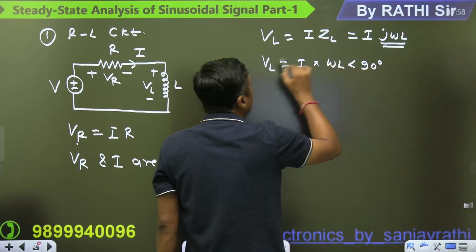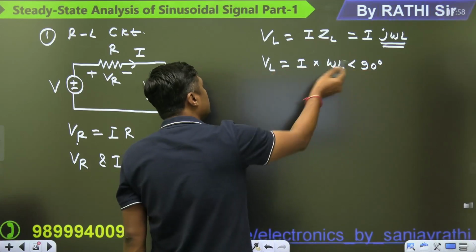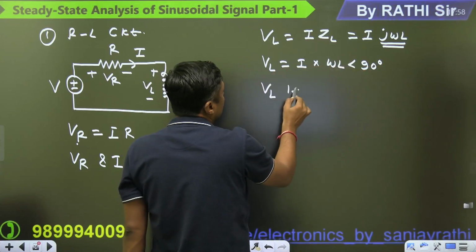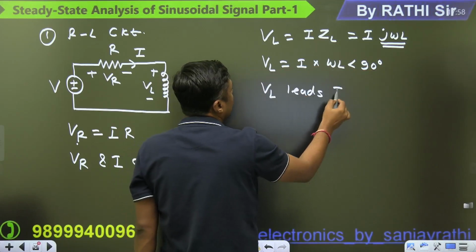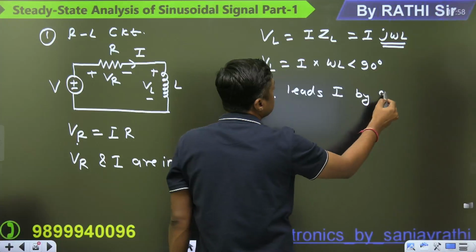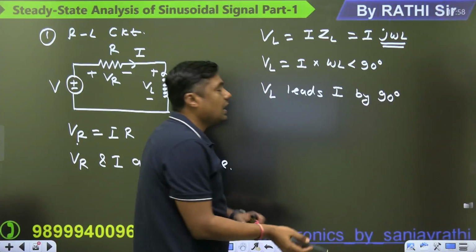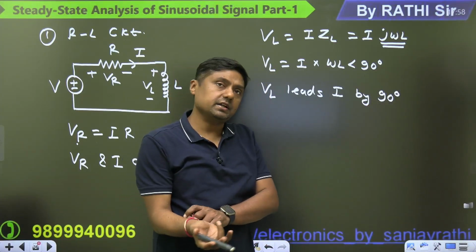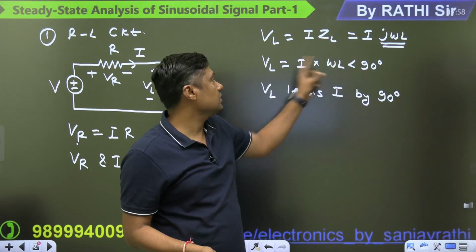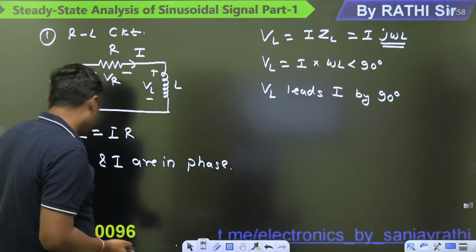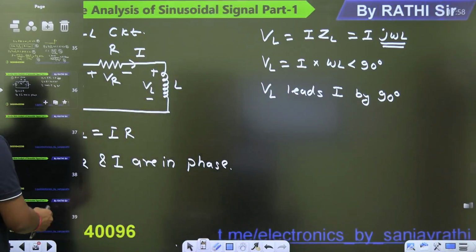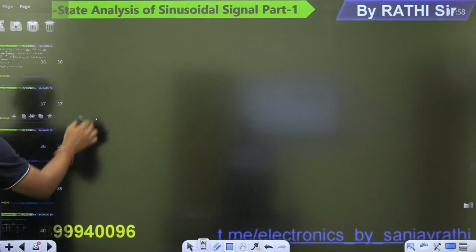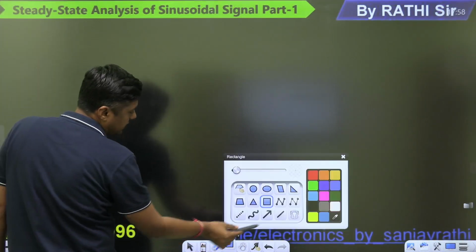Means what about the voltage? Voltage leads the current by 90 degree. VL leads I by 90 degree, or we can say I lags the VL by 90 degree. That is because it has the J omega L. So this is the reason. So can we draw the phasor diagram? Yes, we can draw. Watch it carefully. Phasor diagram.